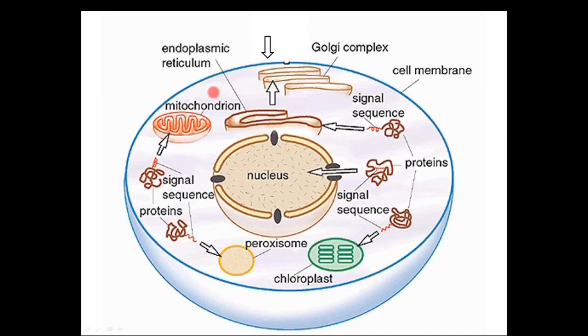The cell has to import all kinds of things that it needs from the outside, like oxygen, glucose, other sugars, ions, vitamins, etc. And then, of course, has to get rid of things like CO2, other waste products, as well as specialized things which that particular cell is involved in producing.